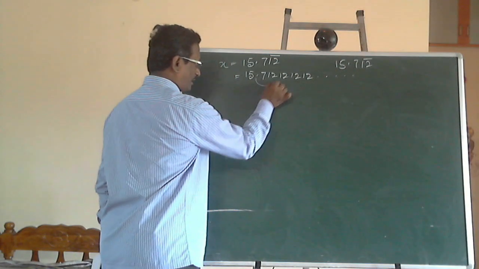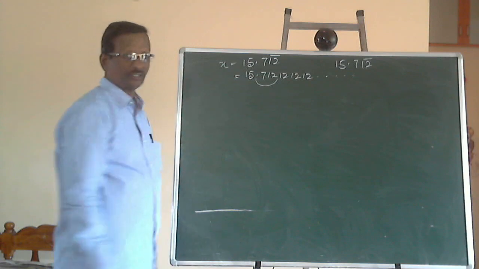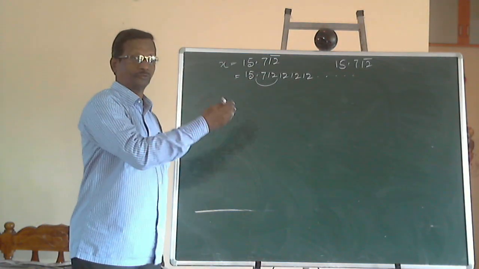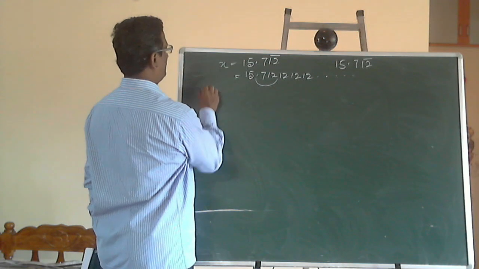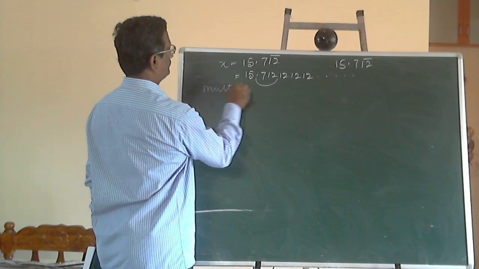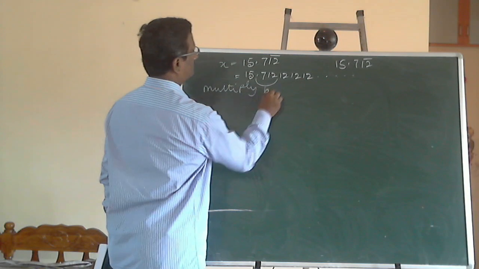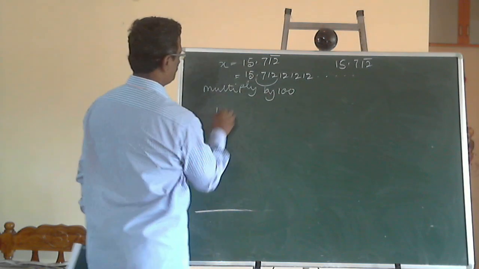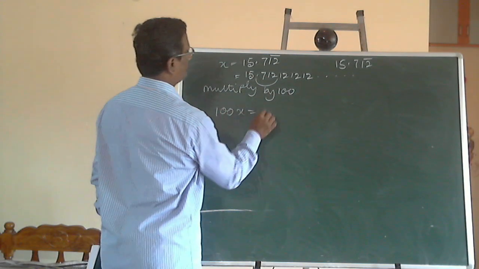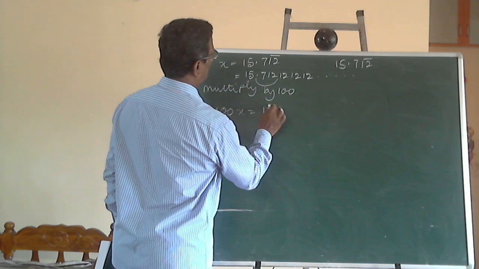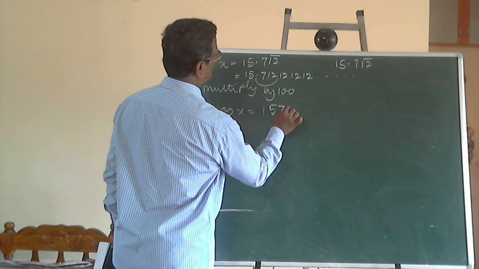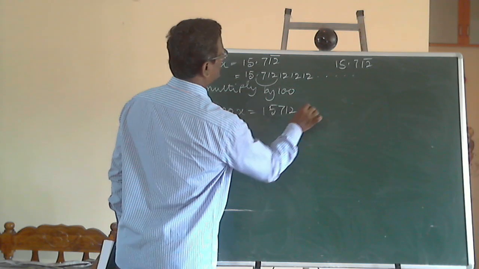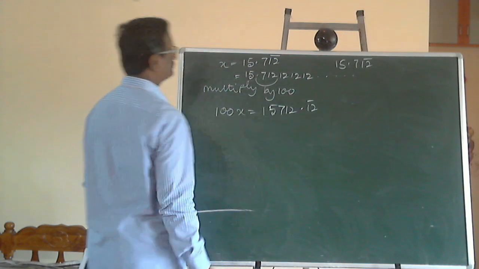To shift to the right of the repeating part, that is 1 2, it should be multiplied by 100. So 100x is equal to 15,712.12 recurring.